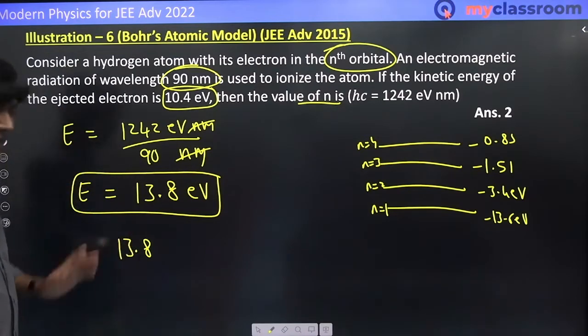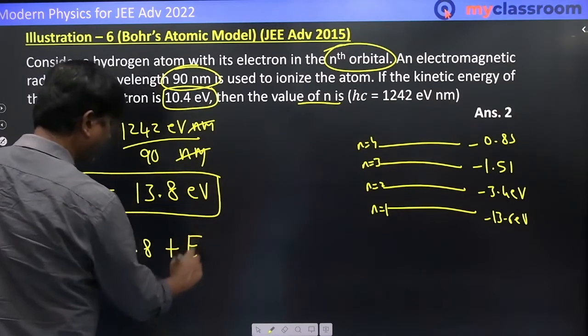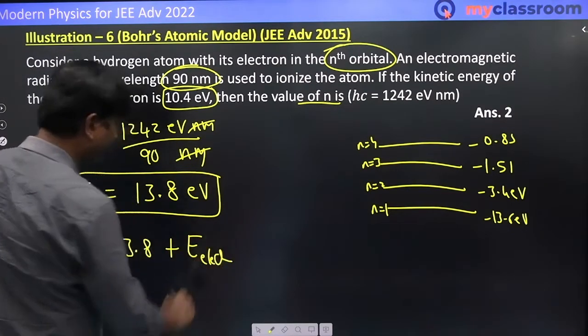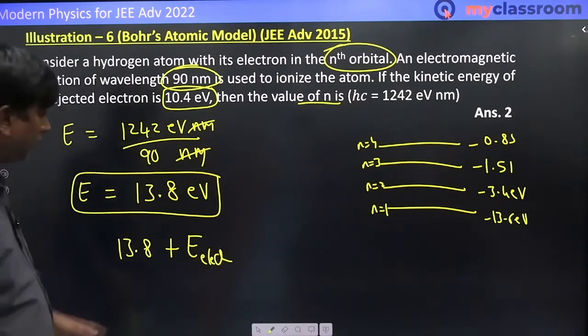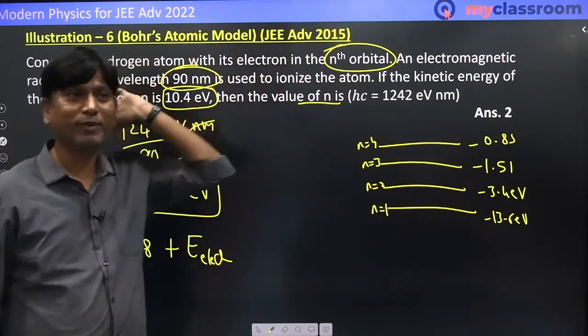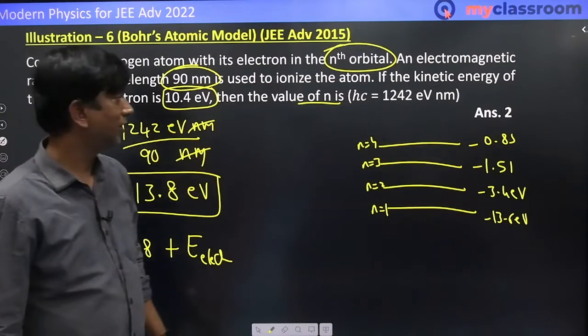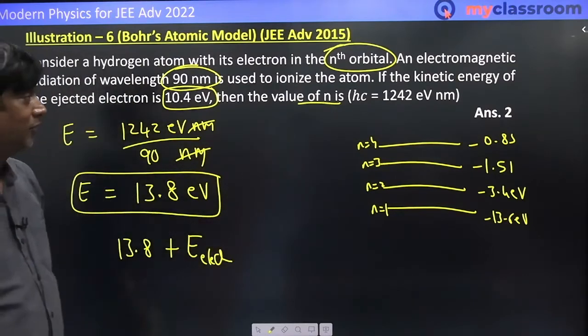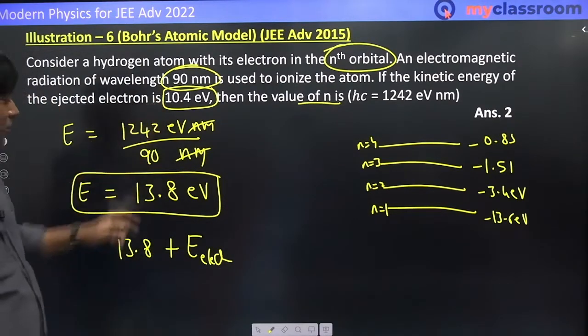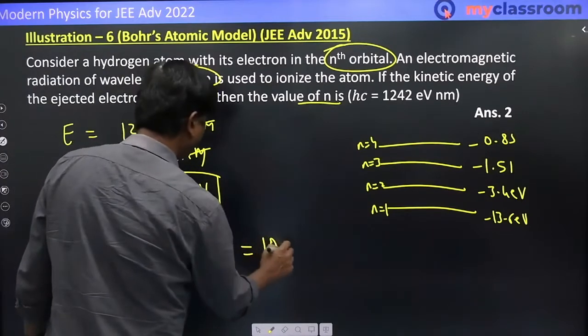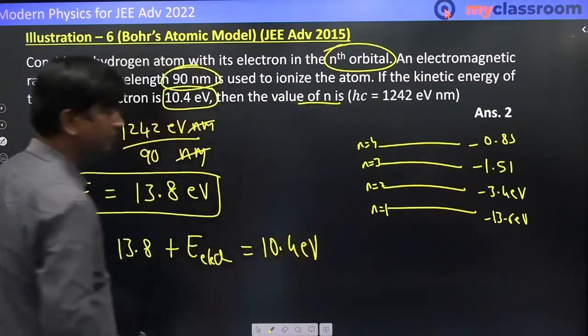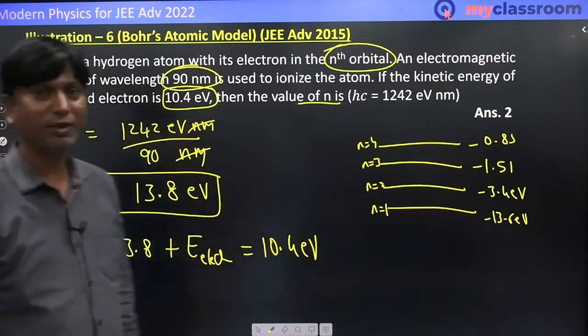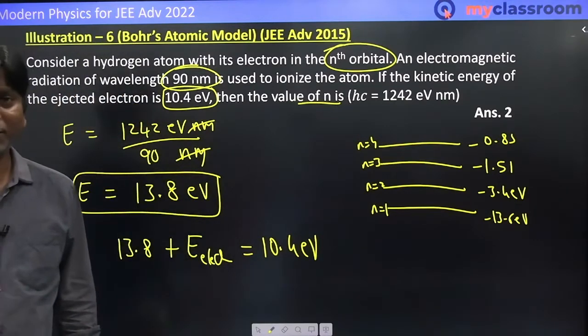To that energy you are adding this photon energy. If you add, then where will it go? It will go up and come out with a kinetic energy of 10.4 electron volts. It will go to infinity. Ionized means coming to infinity.